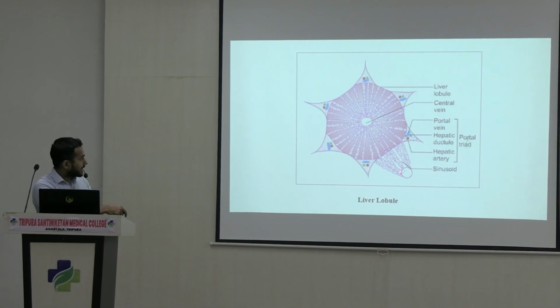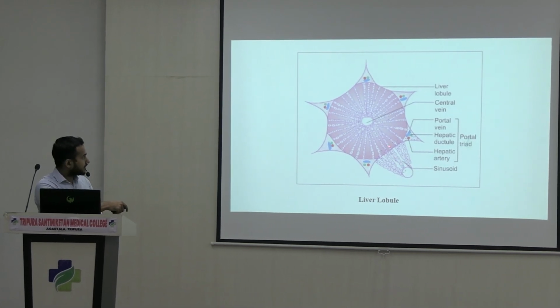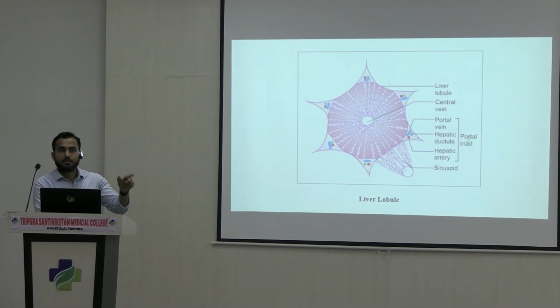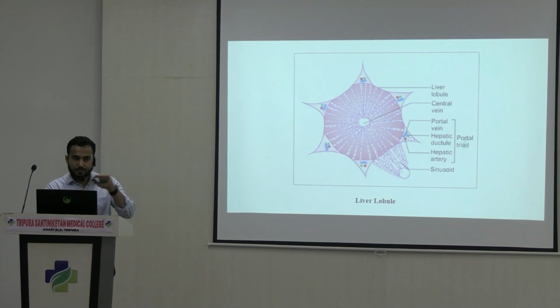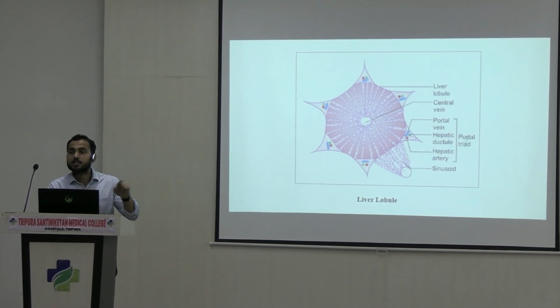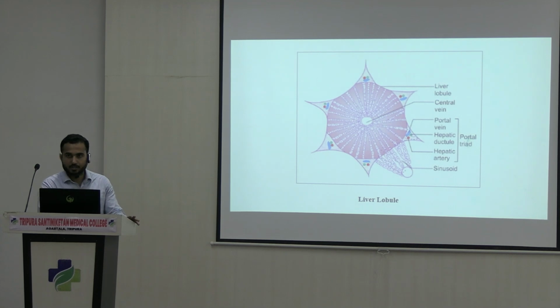That means the blood flows like this from the periphery towards the center. Just now I mentioned in the liver, the blood flows from the periphery in the centripetal direction, towards the center.